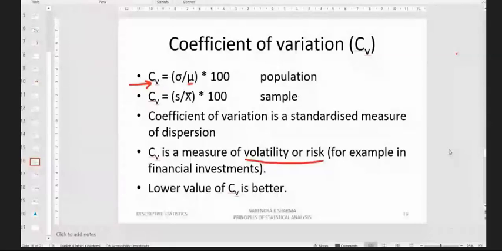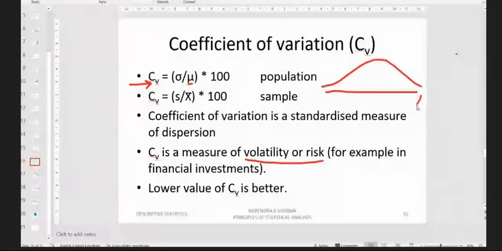What does it indicate? If you plot the observed values of X, that is aggression, for the two groups, in one group it may show results like this, in another group like that.